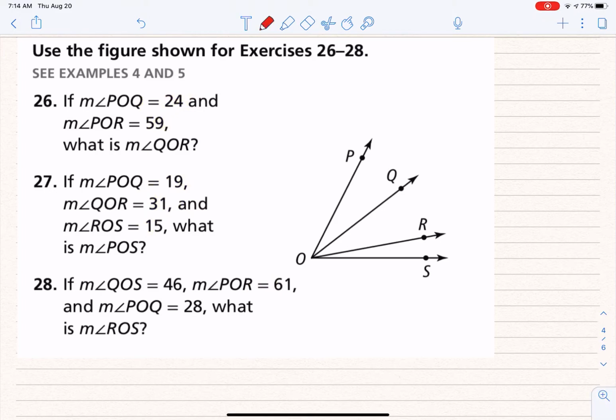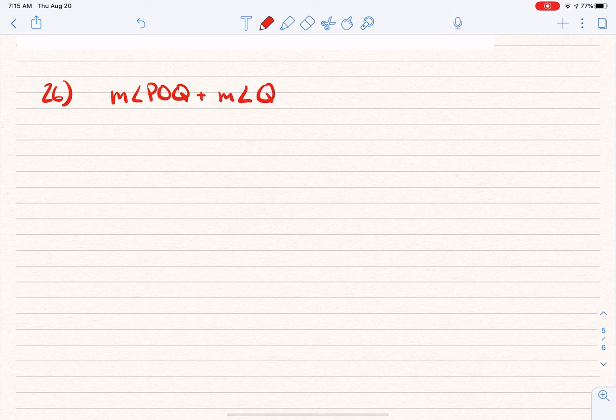All right, number 26, it deals with angle POQ, and it deals with angle POR, and it asks about this angle in between them, QOR, okay? And so we got to deal with that. I'm going to say for number 26, I know that the measure of angle POQ plus the measure of angle QOR all adds up to be the measure of angle POR.